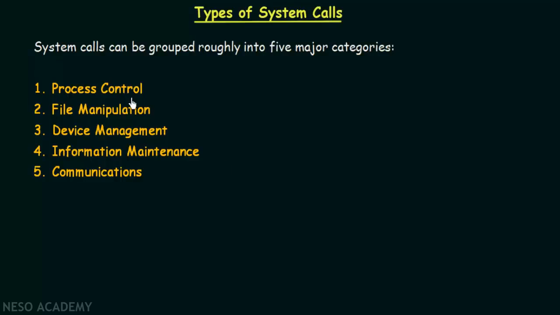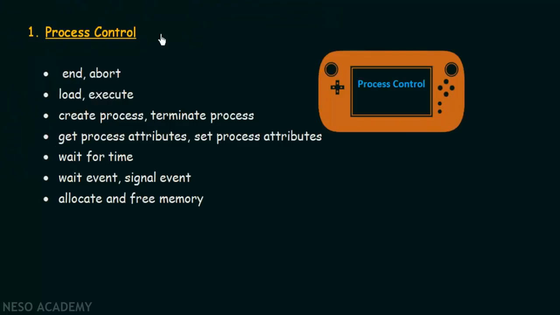Alright, so let's start with the first one, which is process control. By process control, we mean the system calls that are used for controlling processes. There are various processes running in our system, and all of these processes need to be controlled. For example, a process has to run and then terminate or halt, either normally or abnormally.